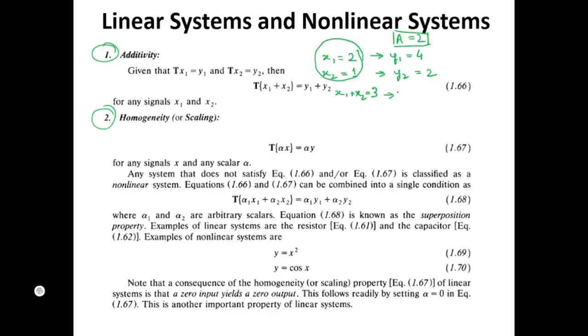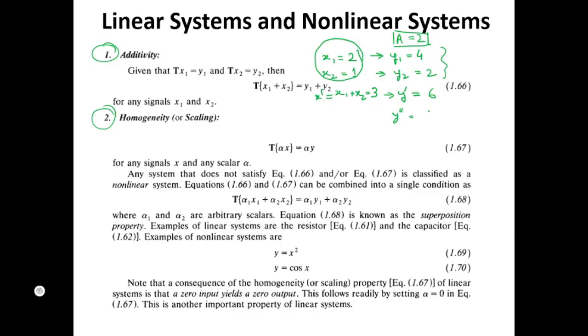And this would give me, say for example, I call it x dash equals 3, so I will get y dash equals 3 multiplied by 2, which is 6. Now, what happens if I add up these two values? Say for example, double dash.